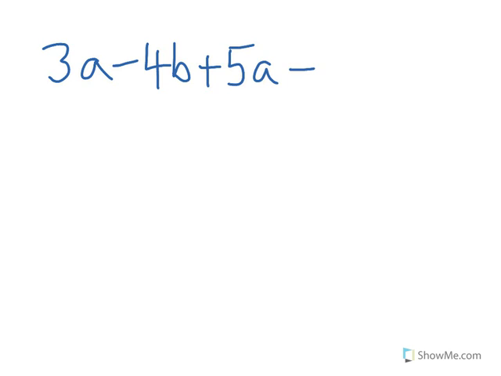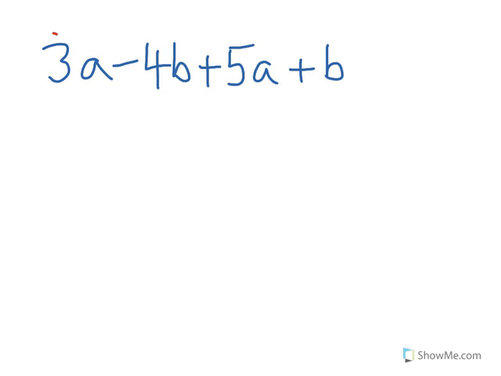13A squared. Let's try an example that has more than one type of term in it, more than one different kind of term. So 3A minus 4B plus 5A plus B. What I'm going to do is ring the terms that we can add or subtract.